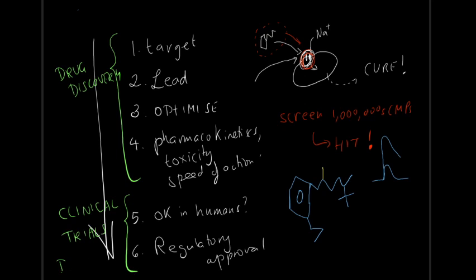And we have phase 1, phase 2 and phase 3, with more and more people involved as we go a bit later on. So we'd have a small number of people in phase 1, we might have hundreds in phase 2, and maybe a few thousand in phase 3.